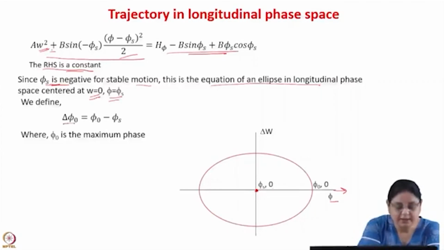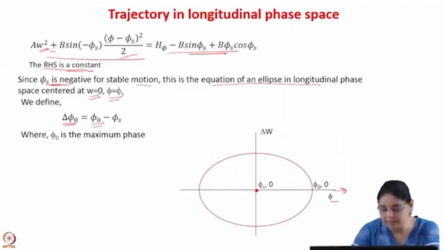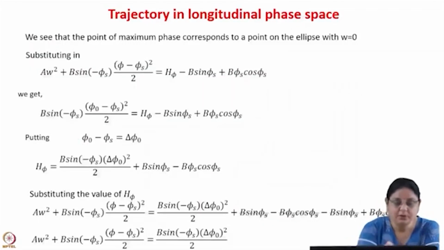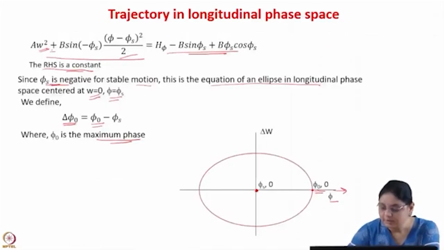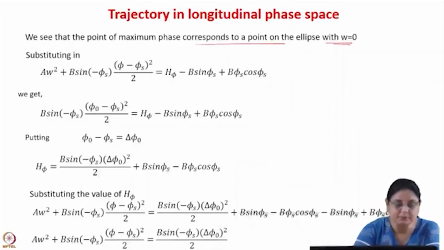Now we can define a delta phi 0, which is equal to phi 0 minus phi s, where phi 0 is the maximum phase here. We see that the point of maximum phase corresponds to a point on the ellipse with w equal to 0. This point is the maximum extent in the phase, and at this point w is equal to 0. So now we substitute in this expression which we have derived here.